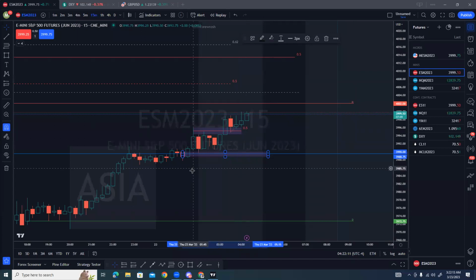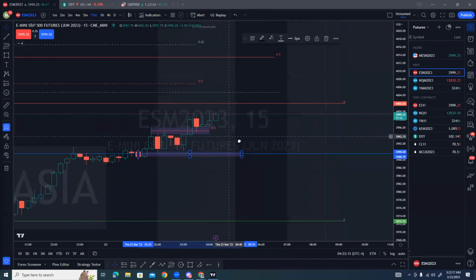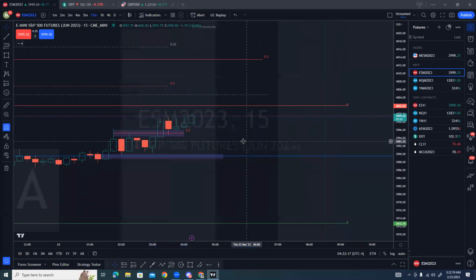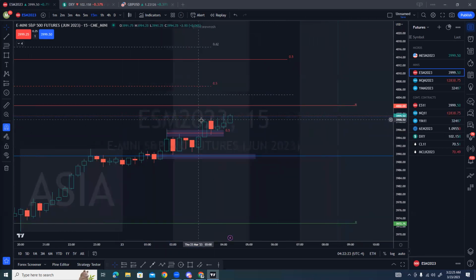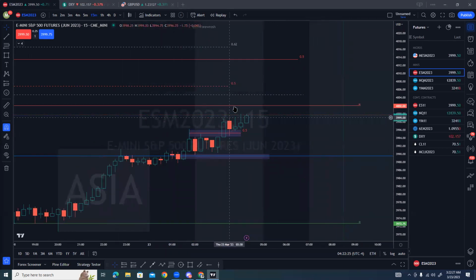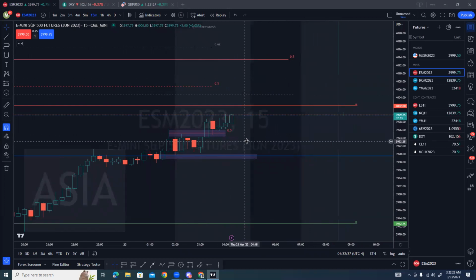Yep, slight miss. That sucks. If it breaks through here, it'll break through with some meaning, and we'll get another push to the upside. That's what it looks like it's doing right now.